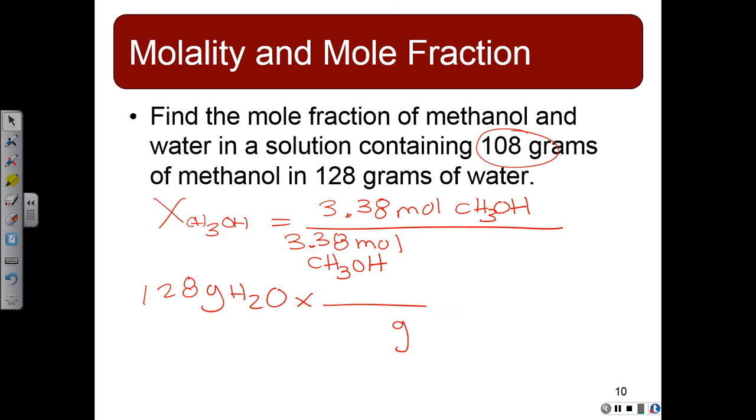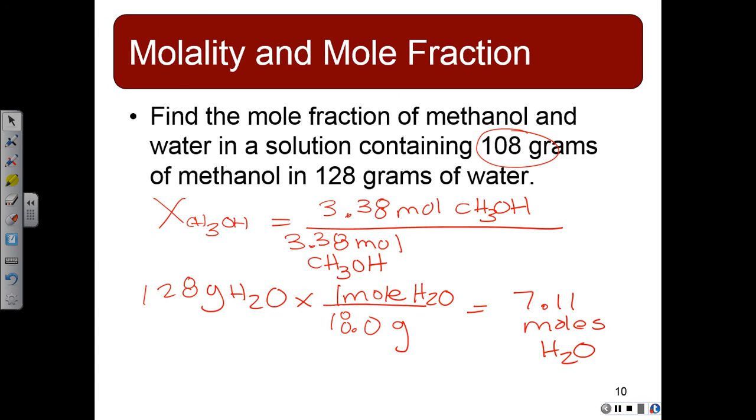Oxygen is 16, hydrogens are each 1, so you get about 18.02, whatever you want to use there. Okay, and you get 1 mole up here. So we get 7.11 moles. So we have more moles of water, which makes sense, right? Because the solvent is usually present in the most amount.